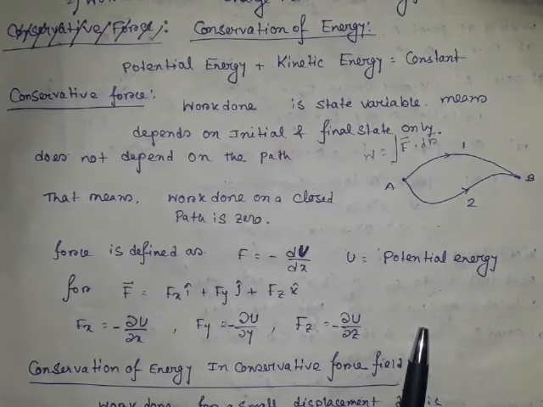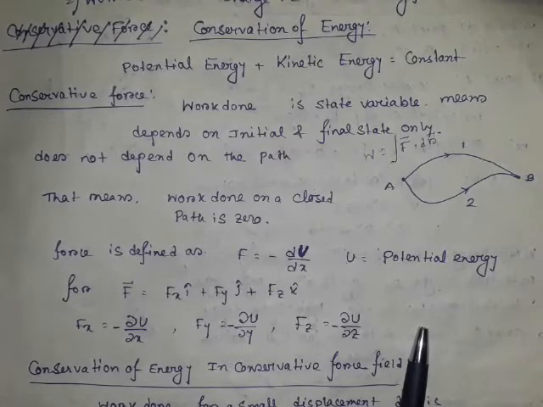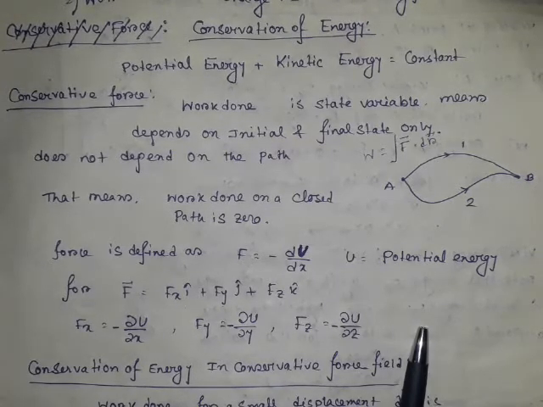So we find the variation of U with respect to x, U with respect to y, and U with respect to z. That means if x changes, how U changes, keeping y and z fixed, because we just want to know the dependency of U on x. That's why we use the partial derivative.